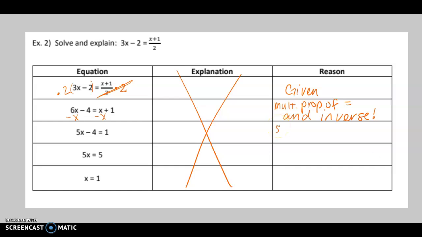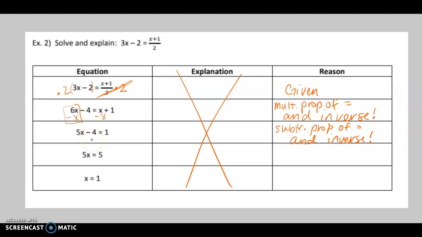So that would be the subtraction property of equality. And the inverse and substitution, actually. The reason I keep saying substitution is that 6x minus x can be simplified or substituted by 5x, and it's the same thing.